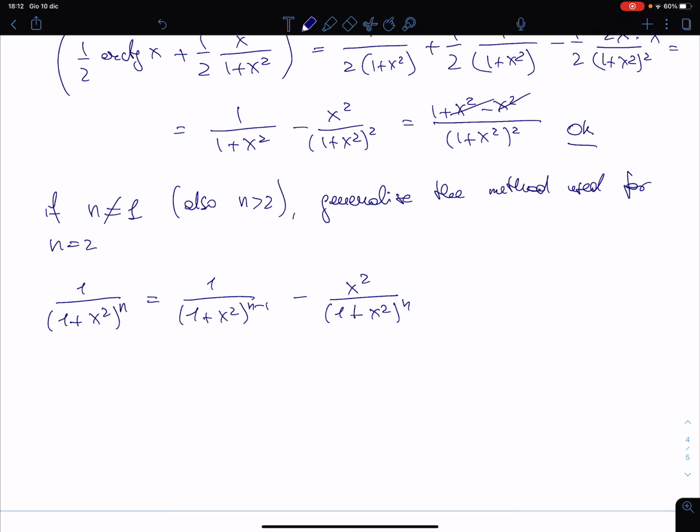So notice here you have a reduction of difficulty, because we already computed n equal to 1, n equal to 2. If we compute the integral for n equal to 3, we already have the integral for n equal to 2, and then it can be made by integrating by parts.